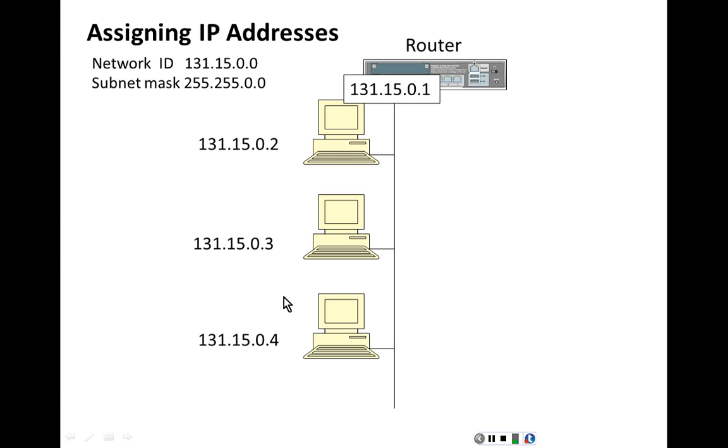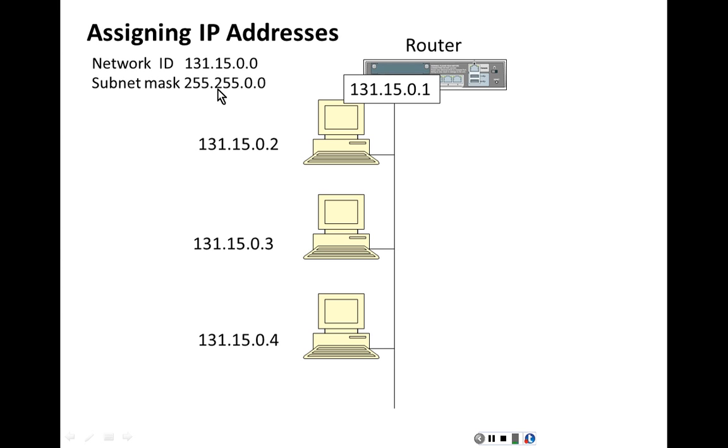Here's the situation. We have been assigned network ID 131.15.0.0. It's been assigned to us by the senior network engineer for use in the building that we are networking. And then it's our job to assign the host IDs to each individual workstation. So the host IDs would be 131.15.0.2, 0.3, 0.4.